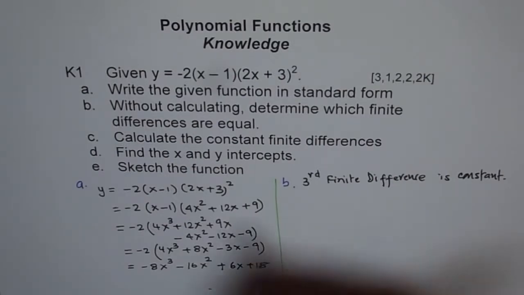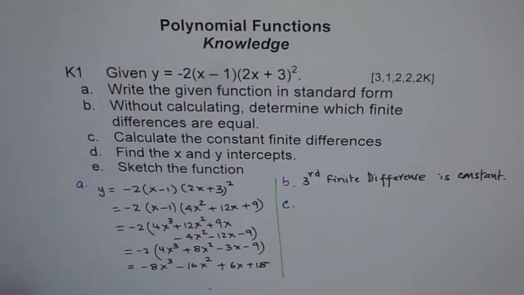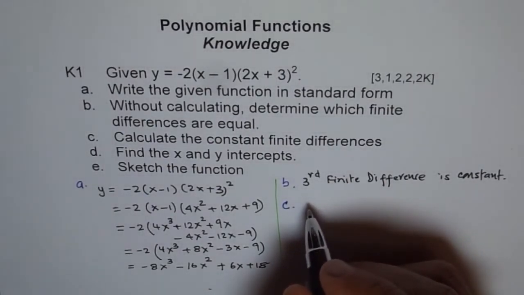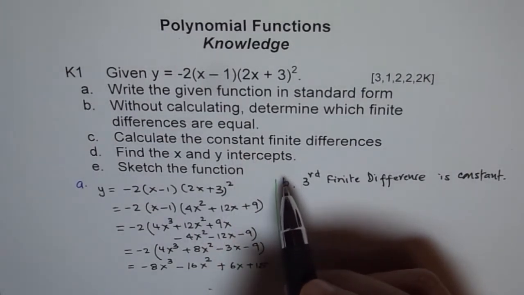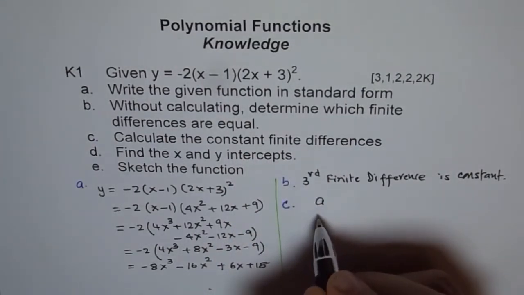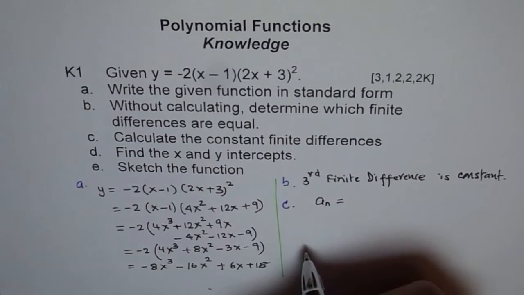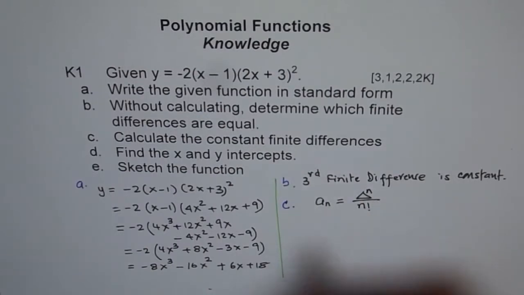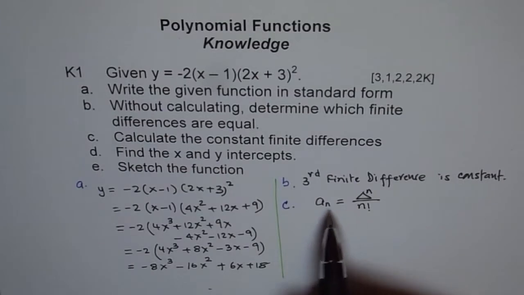Many students may not have read about it or not have paid attention to it. But there is a rule which says that if the leading coefficient is a_n, then the nth finite difference equals a_n times n factorial. That is the relation which relates them, right? So we will use this relation.